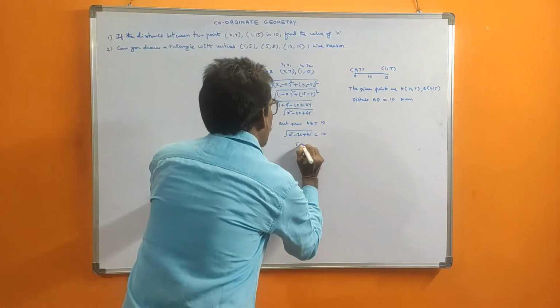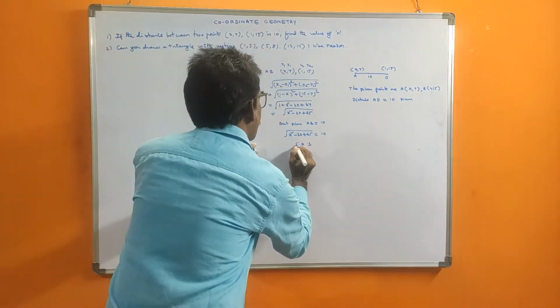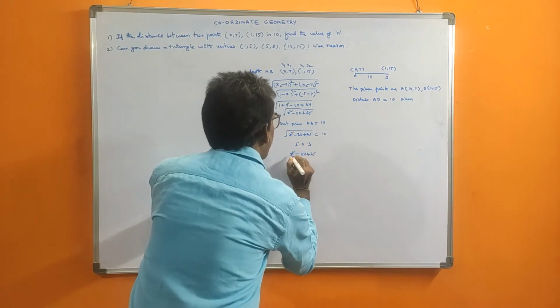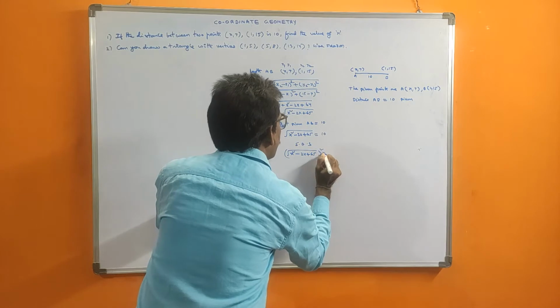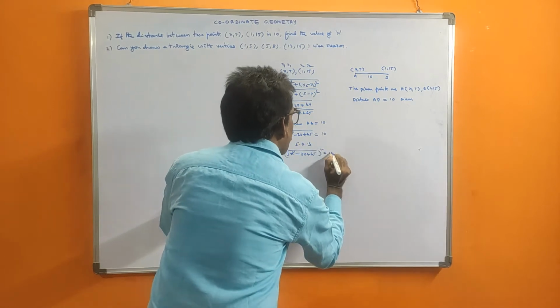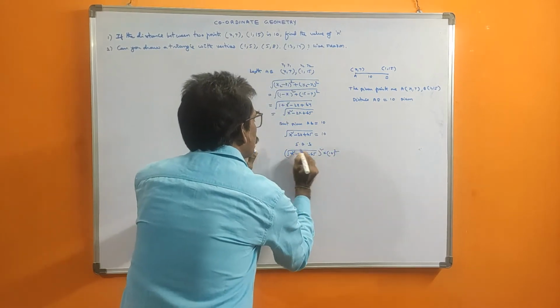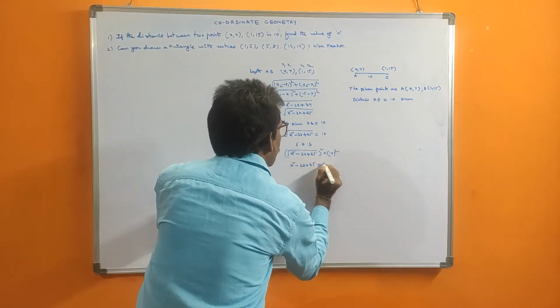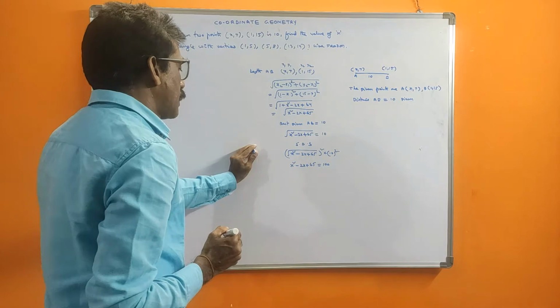So squaring on both sides means you square the root of x square minus 2x plus 65, and on both sides, 10 also you square. Now the square root cancels, and this becomes x square minus 2x plus 65, and 10 square is 100.